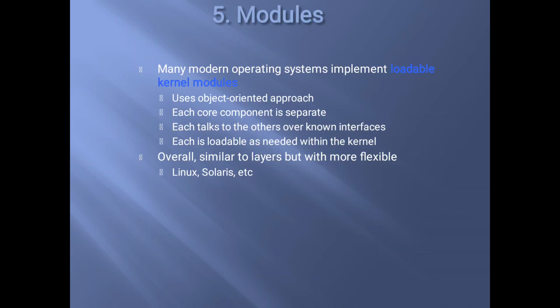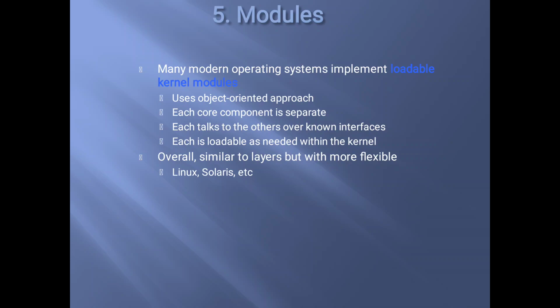Then the fifth approach is modules. Many modern operating systems implement loadable kernel modules. Here it uses an object-oriented approach. Each core component is separated. Each talks to the others over known interfaces. Each is loaded as needed within the kernel.